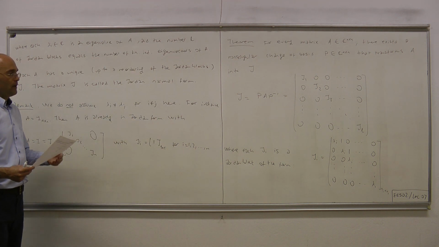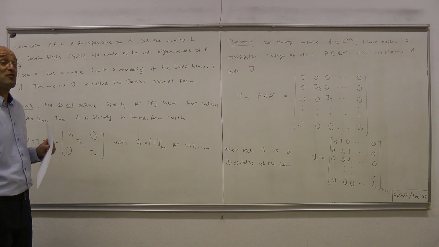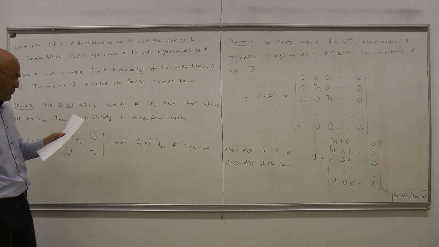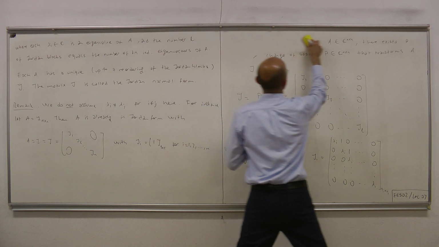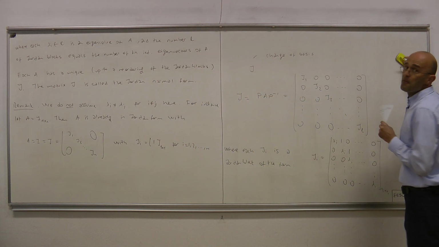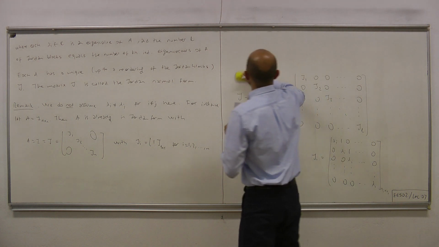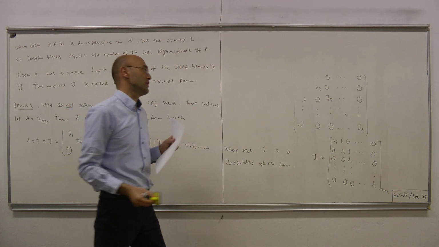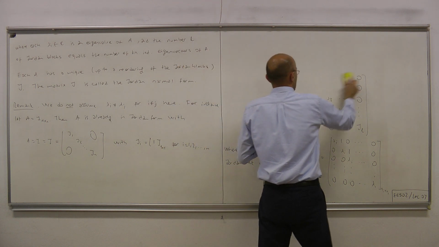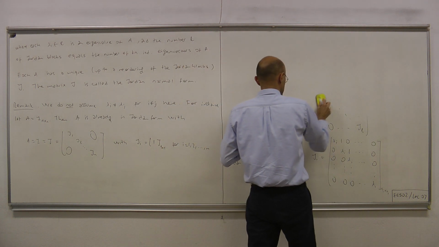Okay, now let's talk about the state transition matrix for the discrete time case from the point of view of the Jordan representation. We're interested in the behavior of the state transition matrix, which is A to the k for discrete time, as k goes to infinity.